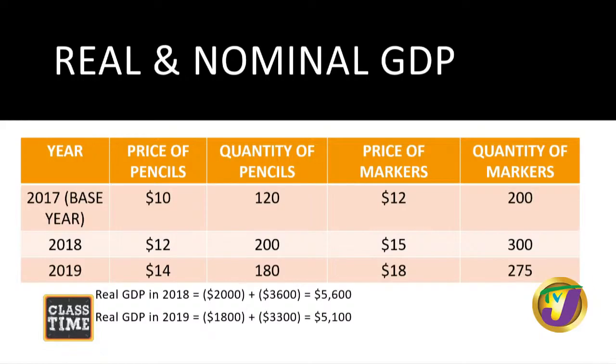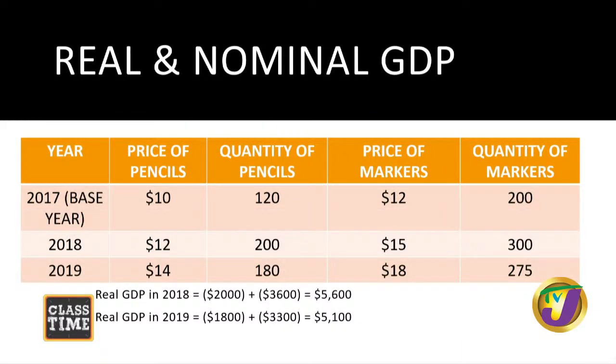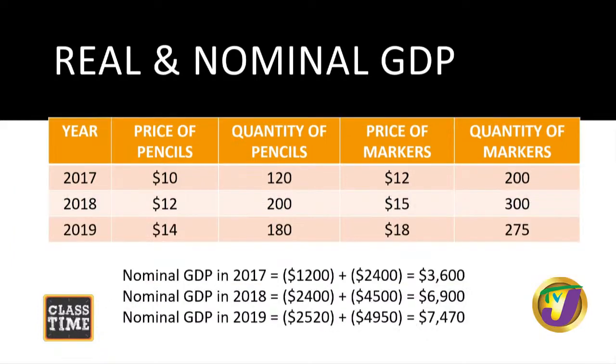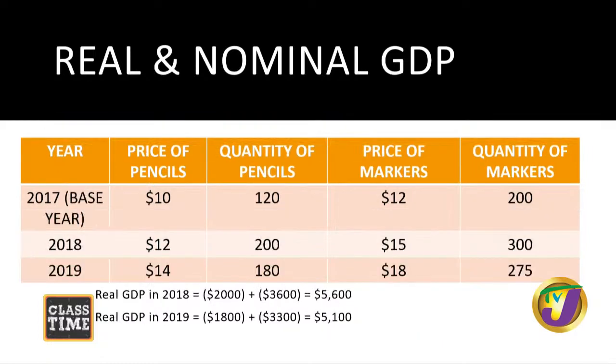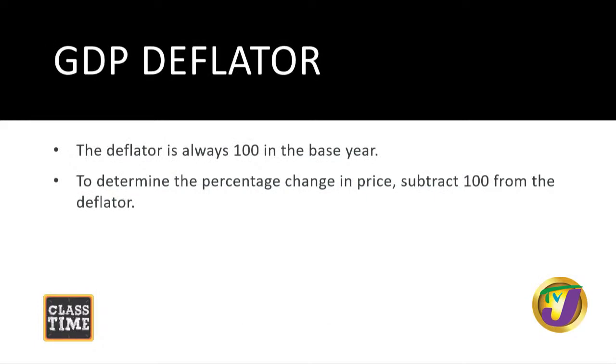So if we look back at the examples we did earlier, we'll notice that the nominal GDP and the real GDP for 2017 would have been 3,600. So if the nominal GDP and real GDP are the same and you divide 3,600 by 3,600, you will get 1, and you multiply it by 100, then the deflator in the base year is 100.